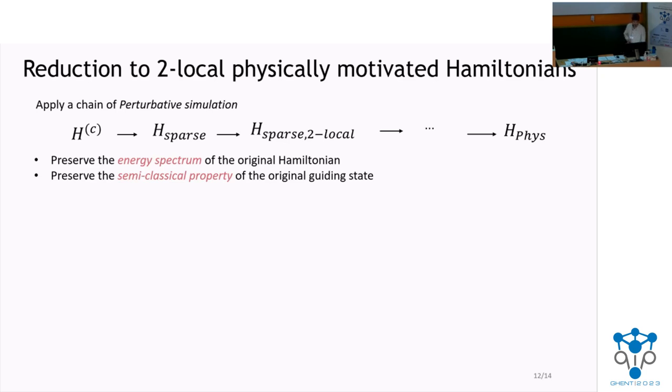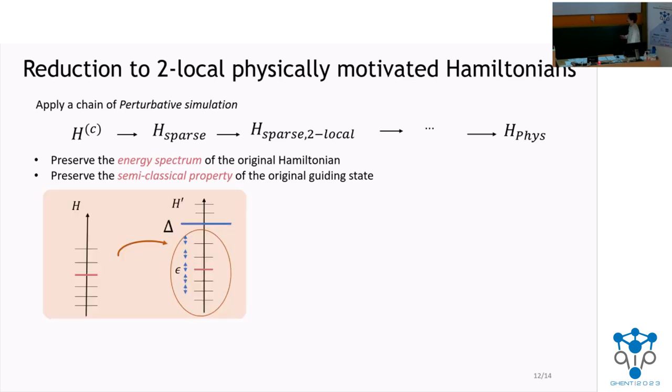First is that the energy spectrum of the original Hamiltonian must be preserved in some way. So in the Hamiltonian simulations, the original energy spectrum is encoded in the low energy subspace of the new Hamiltonian, and the energy spectrum is preserved with some small errors.